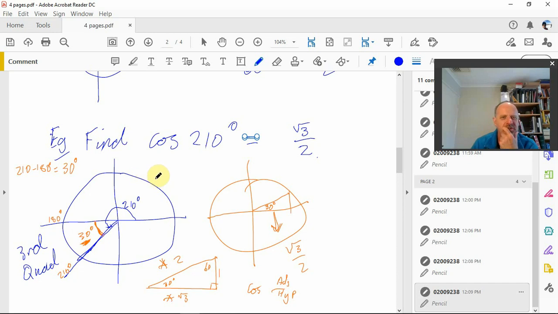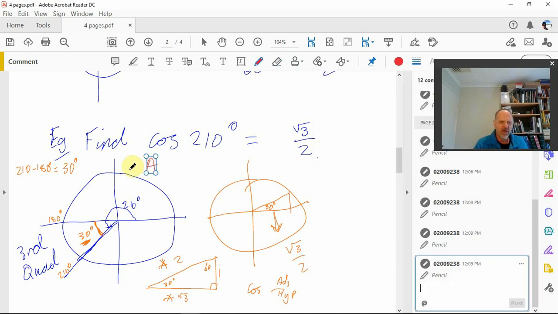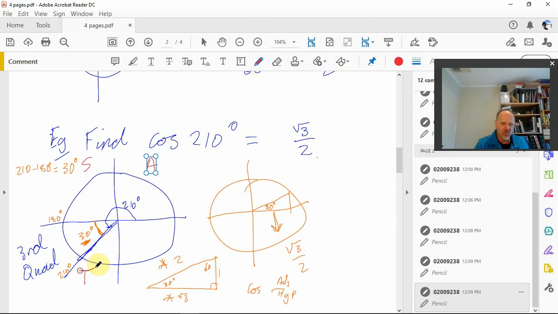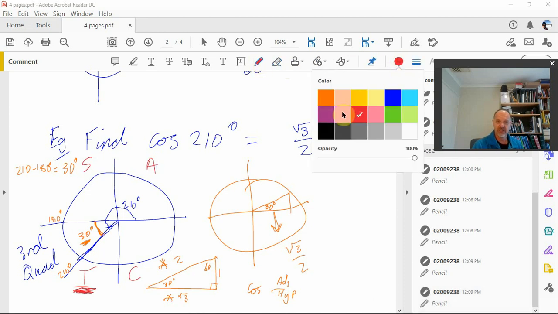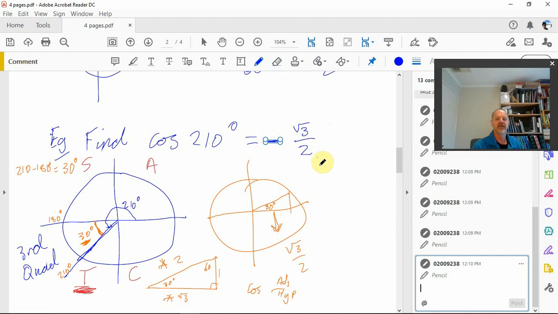And remember, all students talk crazy. So these are the ones that are positive. All are positive. Sine is positive. Tan is positive. And cos is positive. So we're in the third quadrant, and tan's the only one that is positive. So if tan is the only one that's positive, that means cos is negative in the third quadrant. So the cos of 210 degrees is negative root 3 on 2.